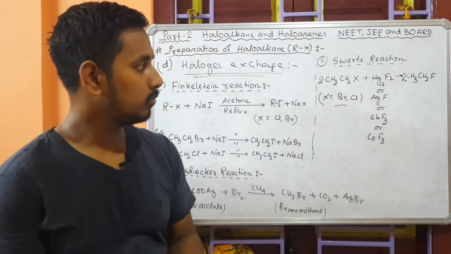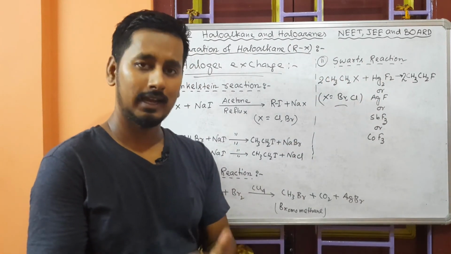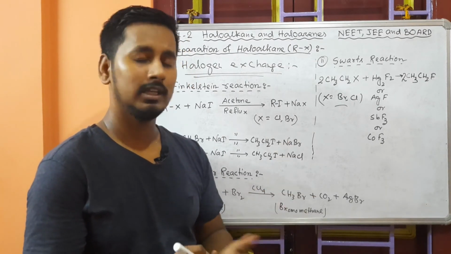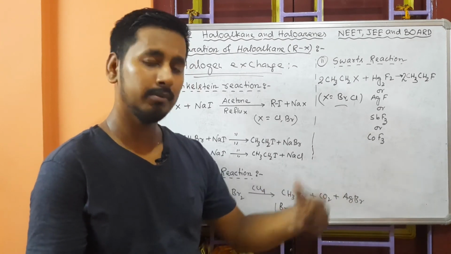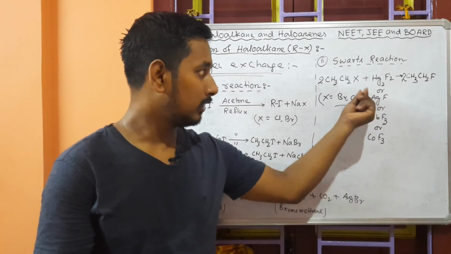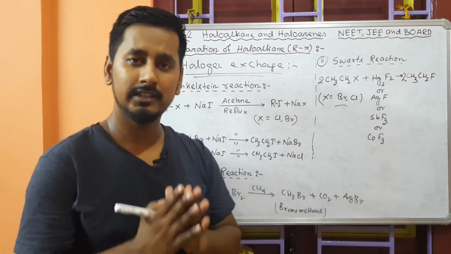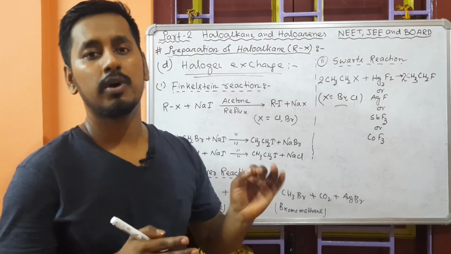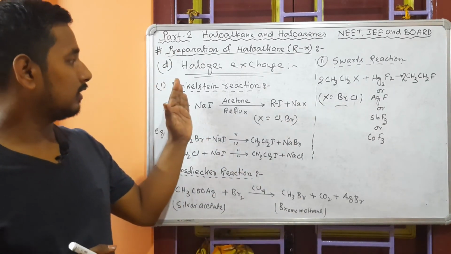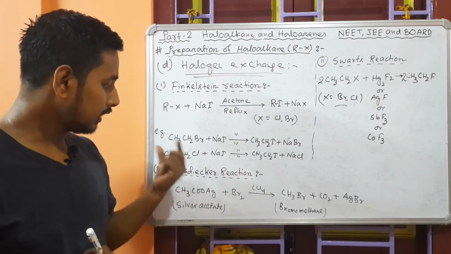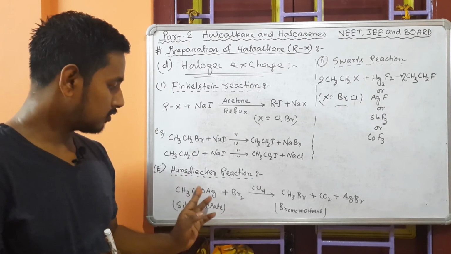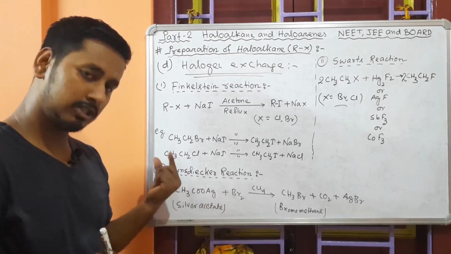So in the Swarts reaction, when an alkyl halide reacts with mercurous fluoride, or silver fluoride, or antimony trifluoride, or cobalt fluoride, then we get the alkyl fluoride. And this reaction is known as the Swarts reaction. After that, the preparation of haloalkane from silver acetate is the Hunsdiecker reaction, and this reaction is also important.